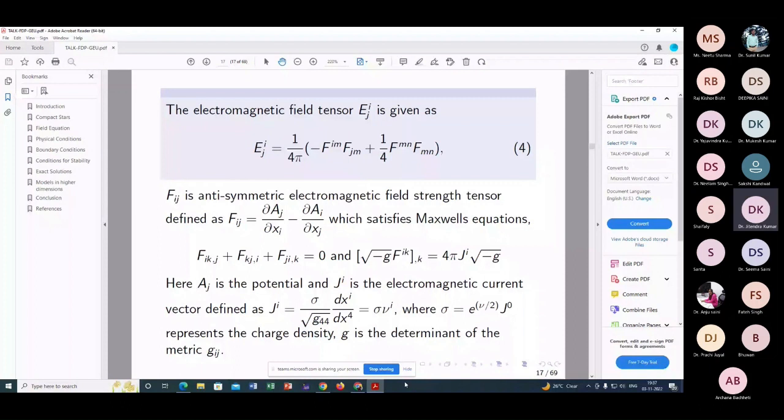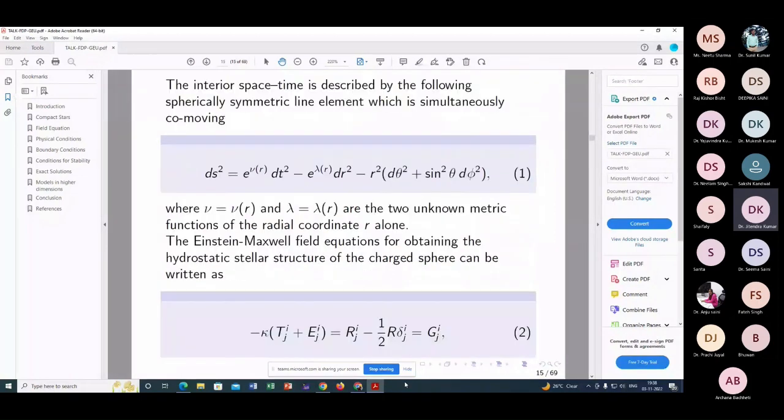Here gij is the metric tensor. In equation number 1 we have taken g11, g22, g33, g44. g11 is the coefficient of dr squared, g22 the coefficient of d theta squared, g33 the coefficient of d phi squared, and g44 the coefficient of dt squared.